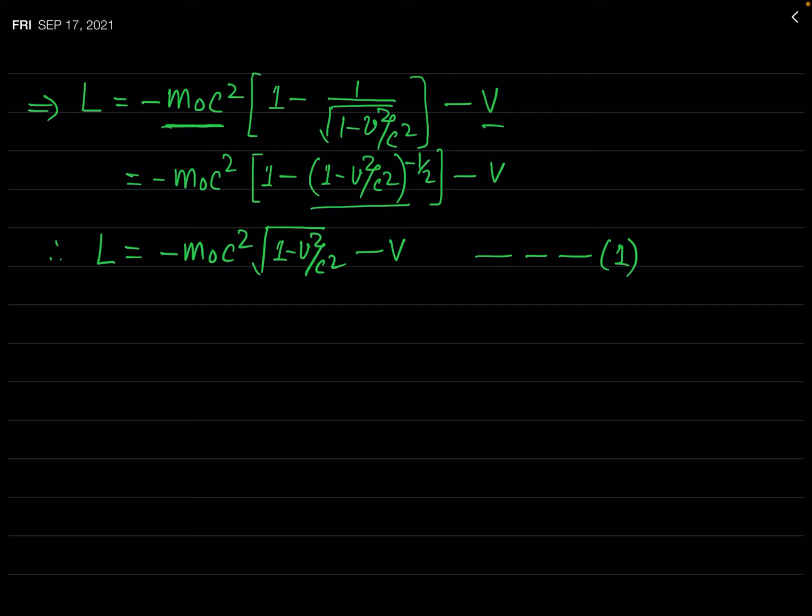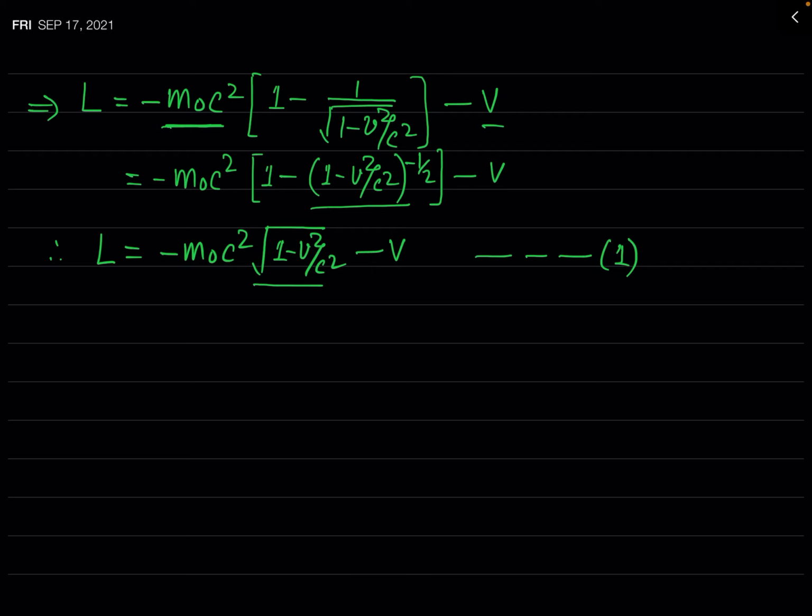Now you can write this expression, 1 minus b square by c square to the power minus half, as almost equal to the root over 1 minus b square by c square, doing the binomial expansion and a lot of algebra. In fact, you can check the validity of this equation 1. I will try to check this result at the end of the lecture, or it may be just homework for you. You can do the algebra.